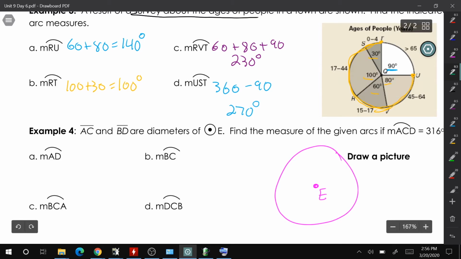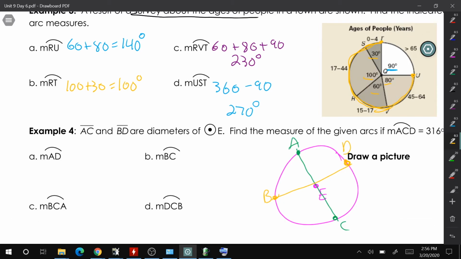Okay, so AC and BD. Now you don't have to draw them exactly like this. It's not really telling us where to draw them. Let's make this one a little bit better. B.